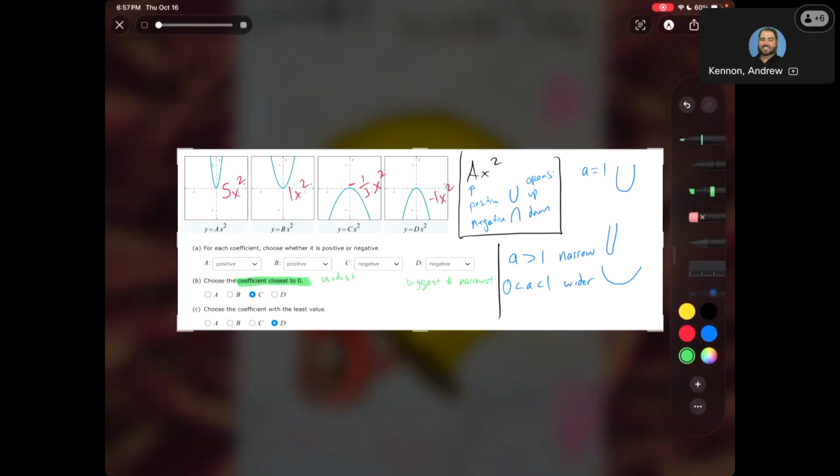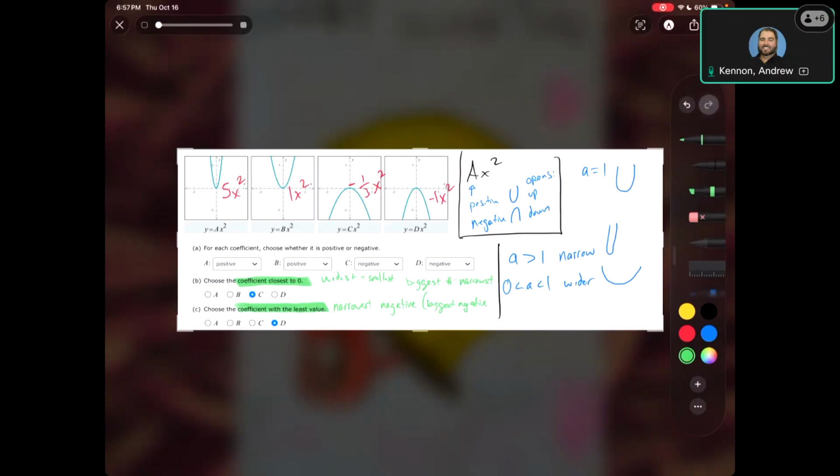And on this one, the coefficient with the least value would be the narrowest negative, because that's going to be the biggest negative. So the widest number is the smallest number. The biggest number is the narrowest. The narrowest is negative.